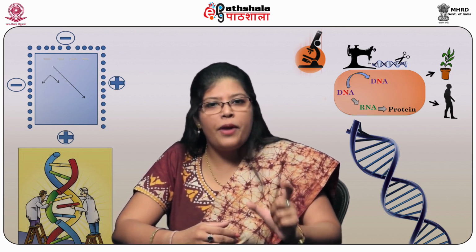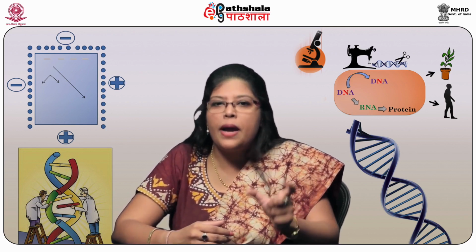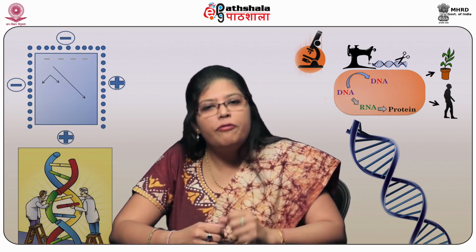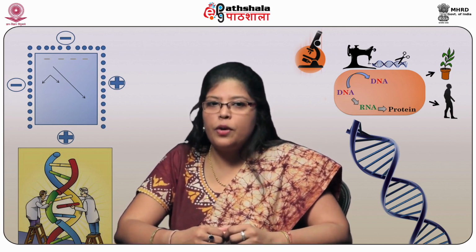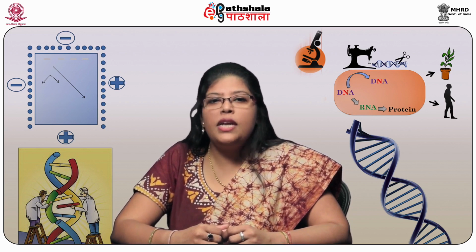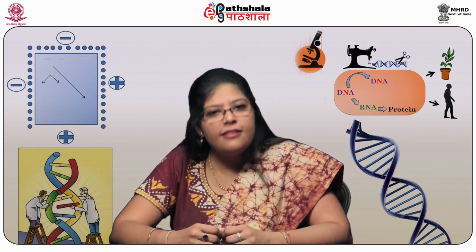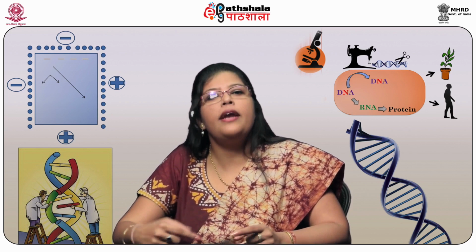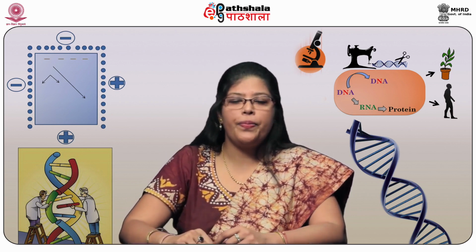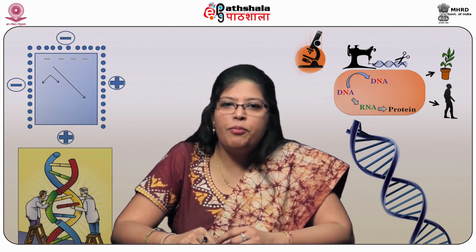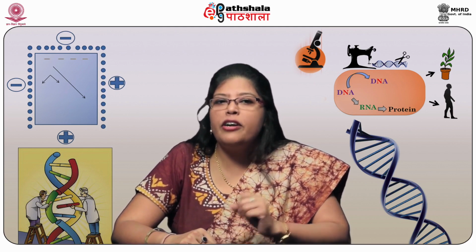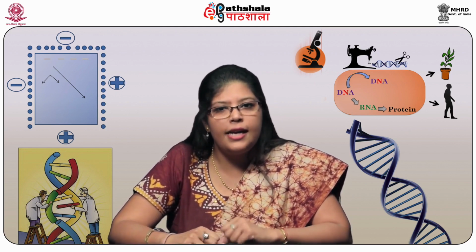The RNA primer synthesized by DNA primase provides the free 3' hydroxyl group, which is required to initiate replication or extend the DNA chain by DNA polymerase. The final product, however, would never have any stretches of RNA in it.